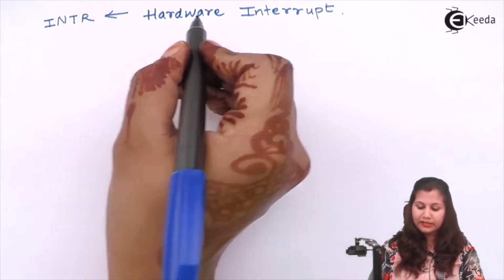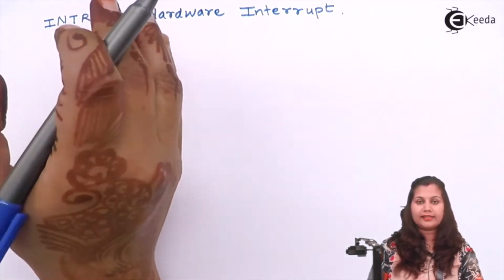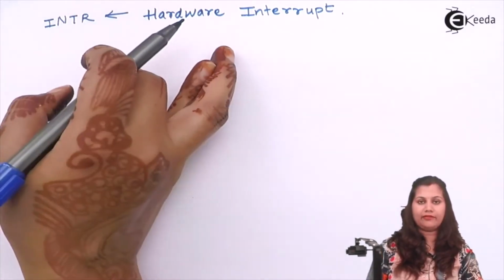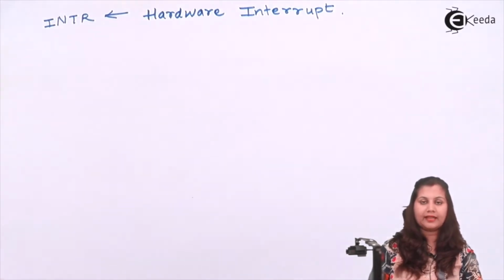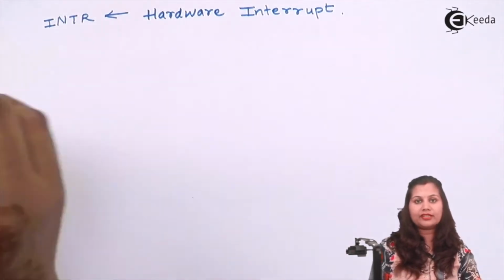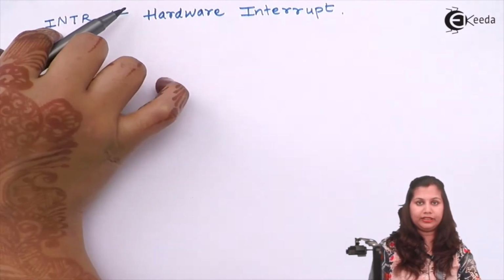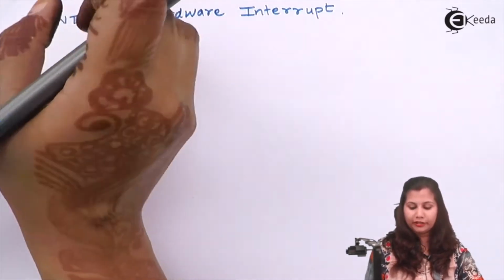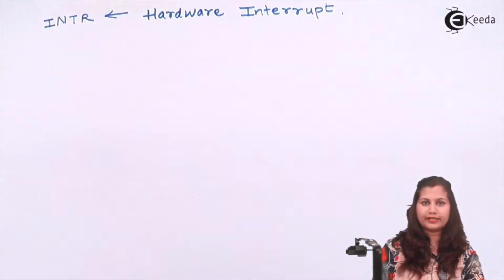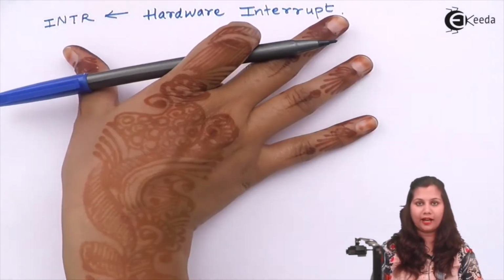That means it is a signal given by the external device. There is a circuitry interconnected with it to give it to the 8085. That is why it is a hardware interrupt.